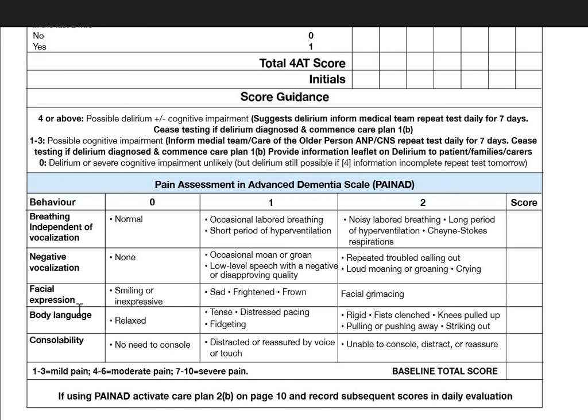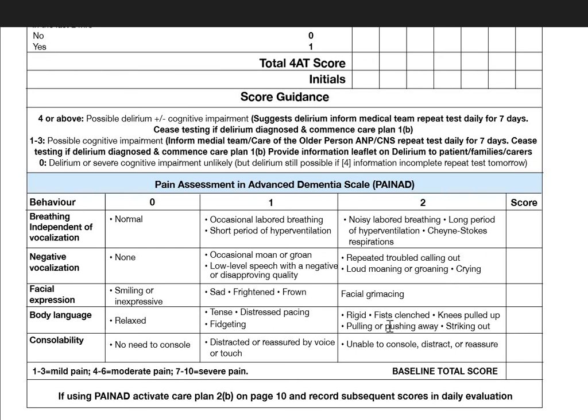We look at the patient's facial expression. If they're smiling or inexpressive, a score of 0. If they appear sad, frightened, or if they have a frown, a score of 1. Or if they have facial grimacing, a score of 2. Their body language, if they appear relaxed, a score of 0. If they appear tense, distressed, pacing, if they're fidgeting, a score of 1.